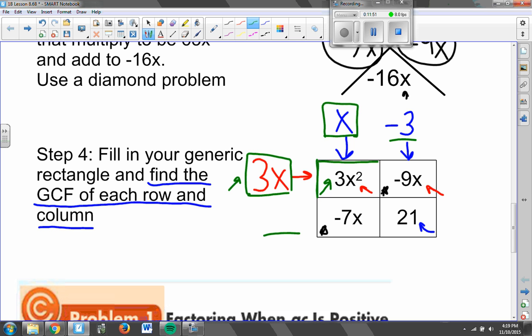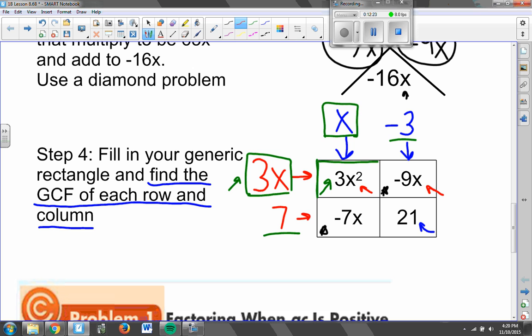There will always be these terms here, this one and potentially this one will also be negative. Now I'm looking at my final row here, my bottom row, negative 7x and 21. I need to find the greatest common factor of those two terms, negative 7x and 21. I notice that again there's not an x on my 21, so x is not common here. But I do know that 7 is 1 times 7, and 21 is 3 times 7. So a 7 is common to both. I'll take out a 7.